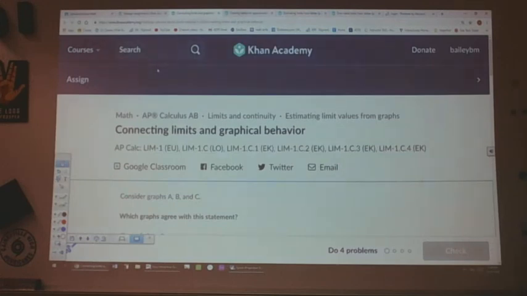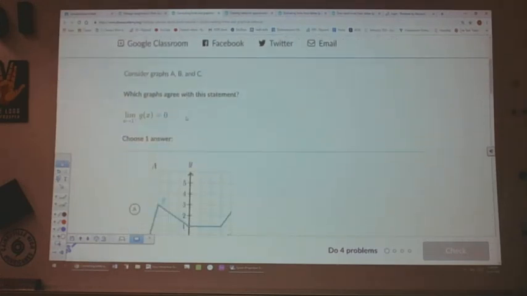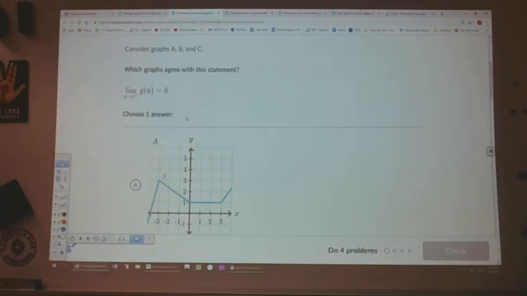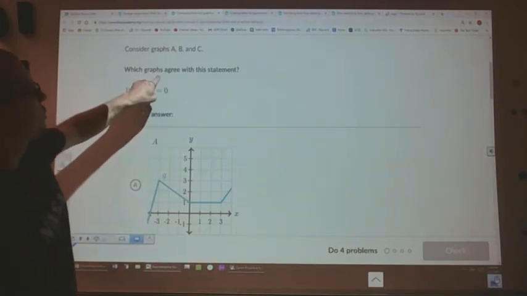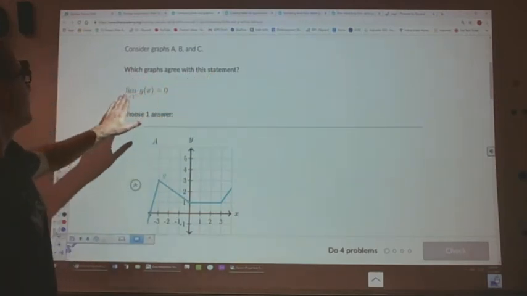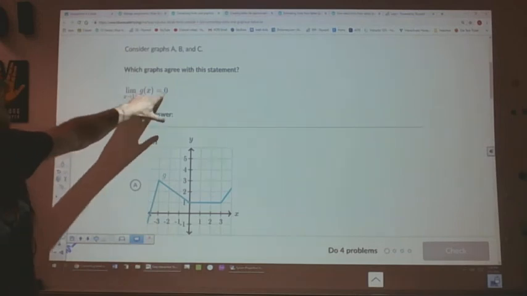And then connecting limits and graphical behavior. So here, which graphs agree with this statement? The limit as x approaches 1 from the right is 0.